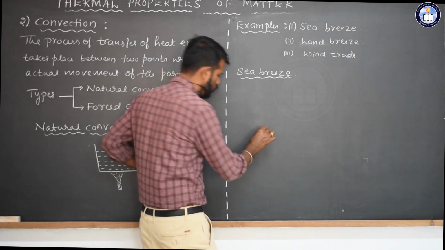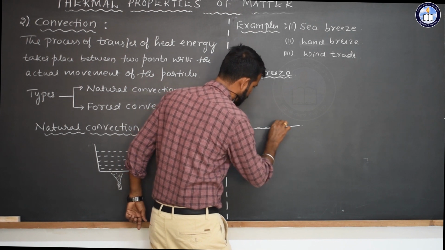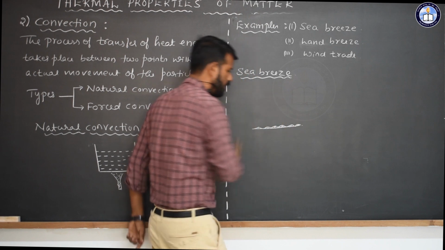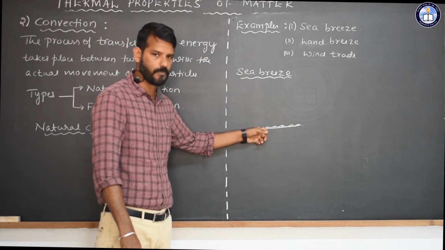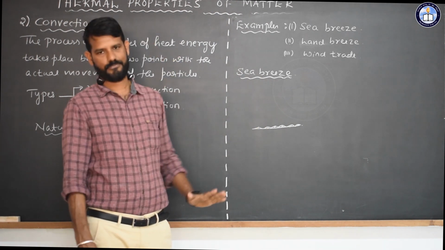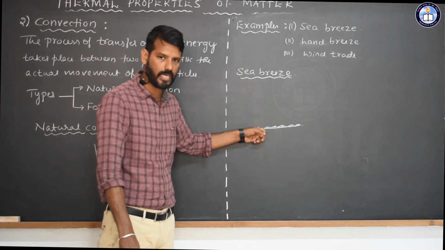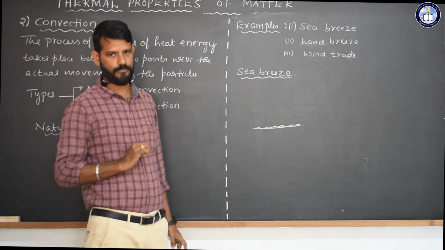So we can observe at the lower surface, that is on the land surface here, the air molecules in contact with this particular land will be heated up immediately during the daytime.